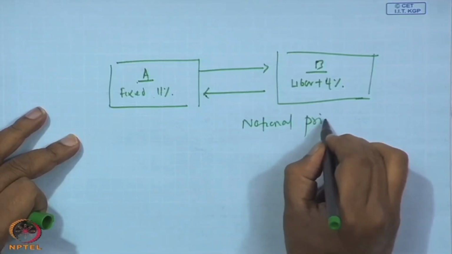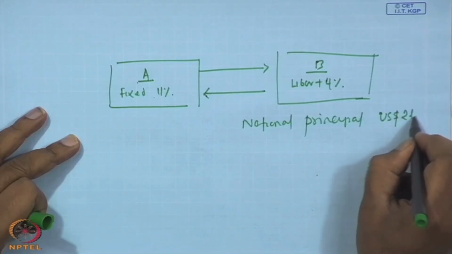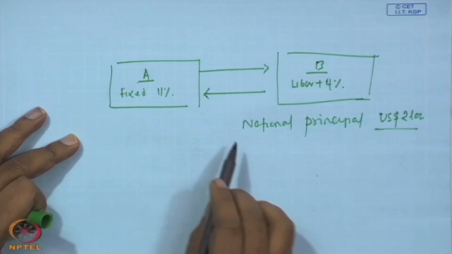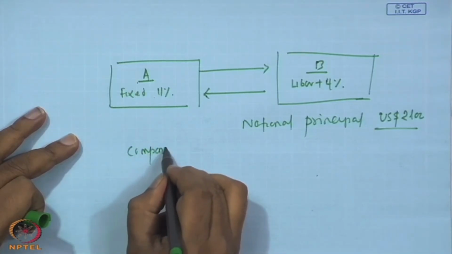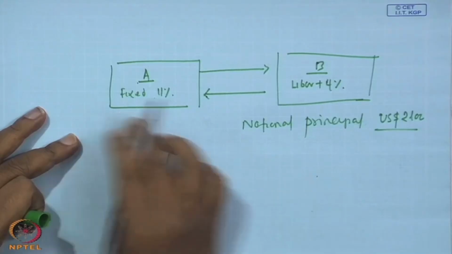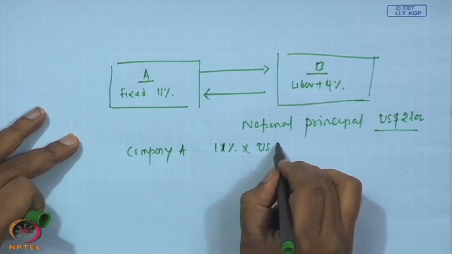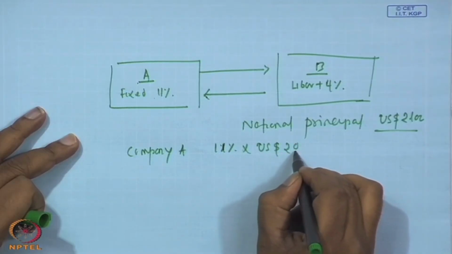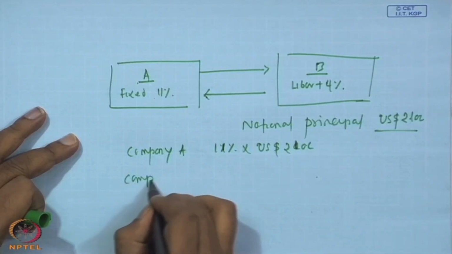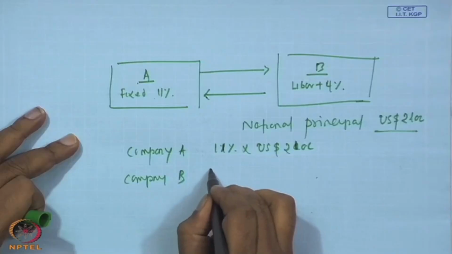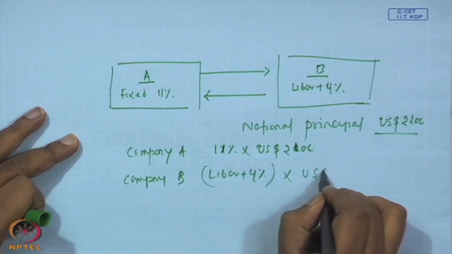Notional principal is 2 lakhs US dollar. Now, company A pays that 11% on US dollar 2 lakhs, and company B pays LIBOR plus 4% on US dollar 2 lakhs.